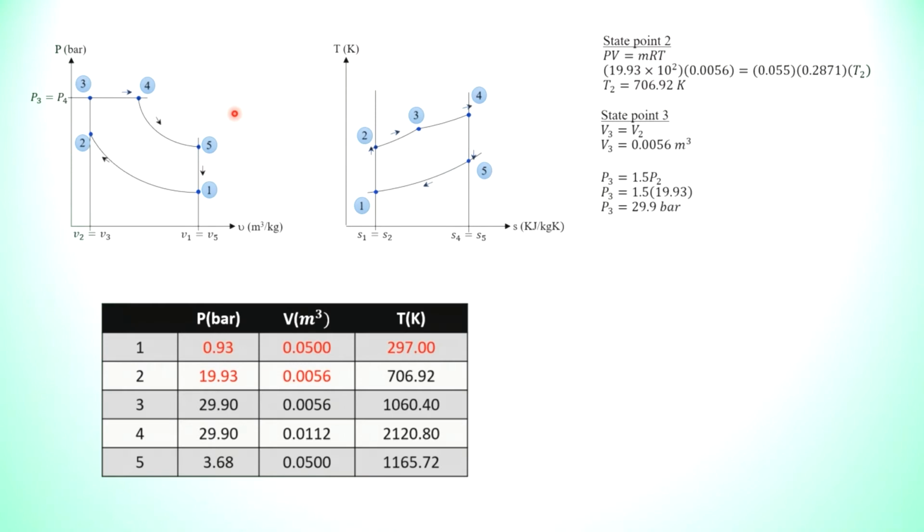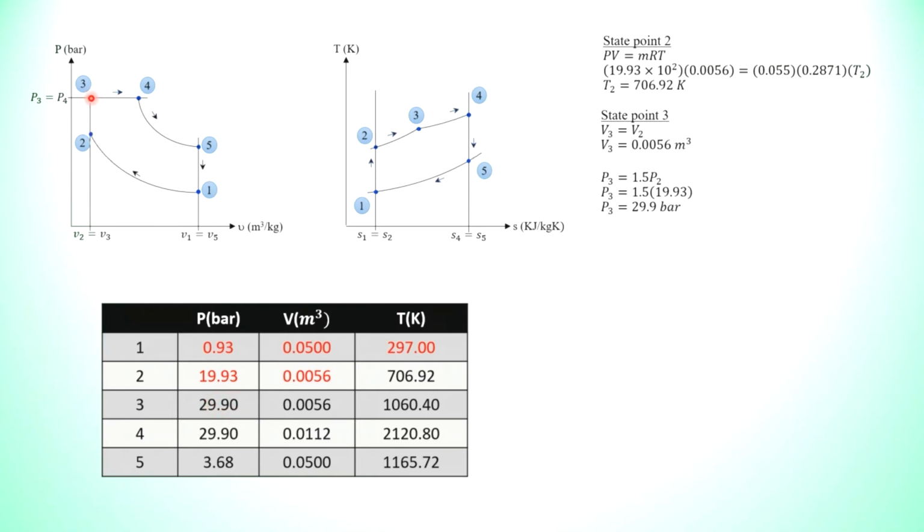They have given us the pressure ratio during the constant volume process, which is maximum pressure divided by minimum pressure. That means P3 over P2 equals 1.5, which is given in the question. So you will be able to find that P3 is 29.9.